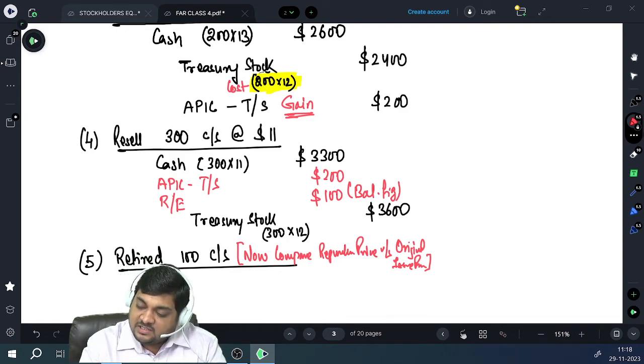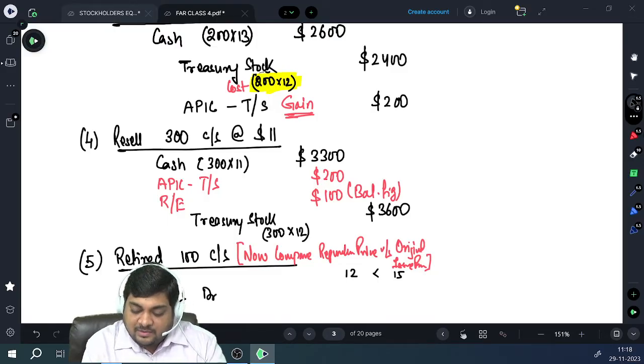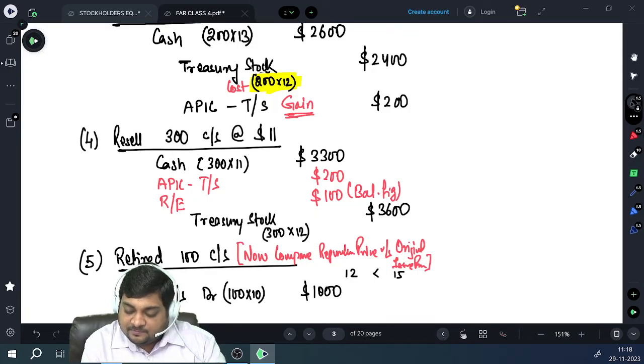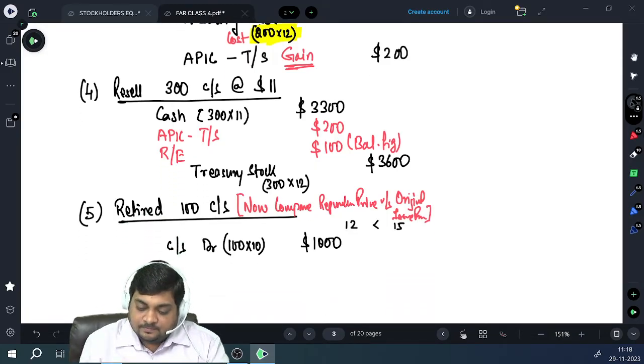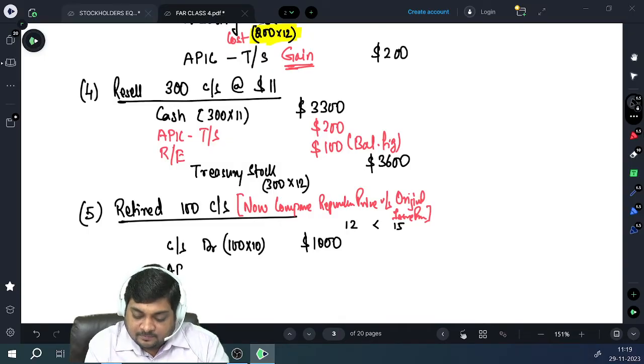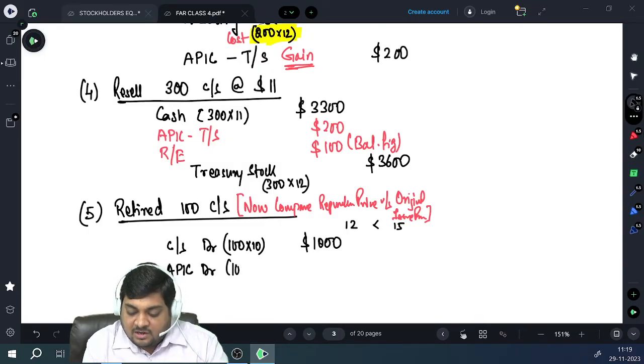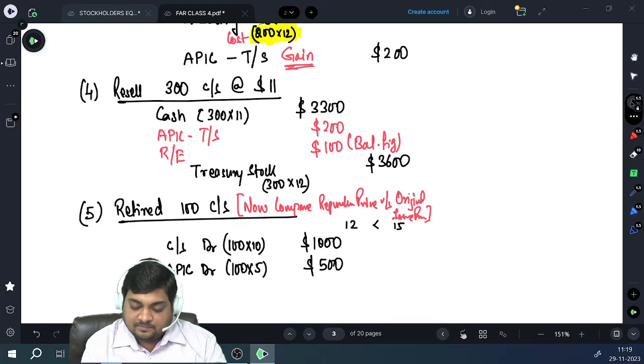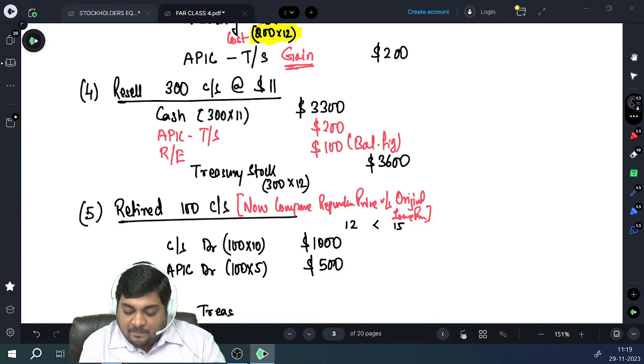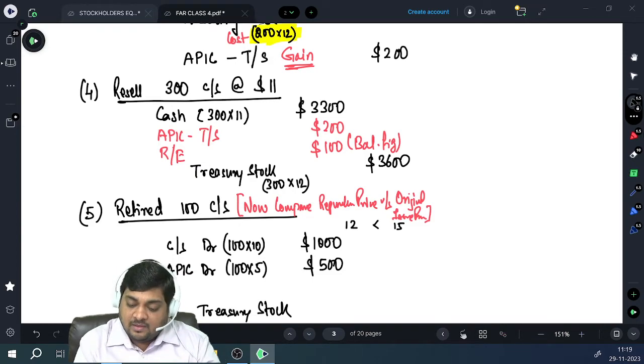Repurchase was done at 12, original issue price was 15. So anyway, first I will debit common stock with par value, and additional paid in capital with the excess above par value. Now I am not paying now, but I have already paid, which I have debited to treasury stock at 12.